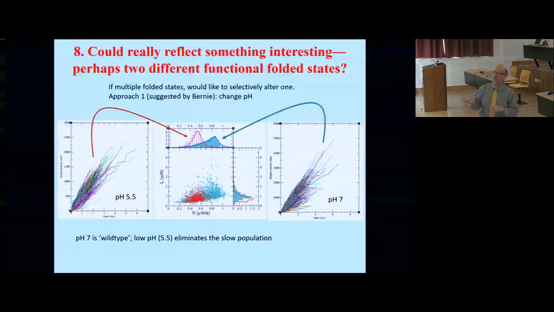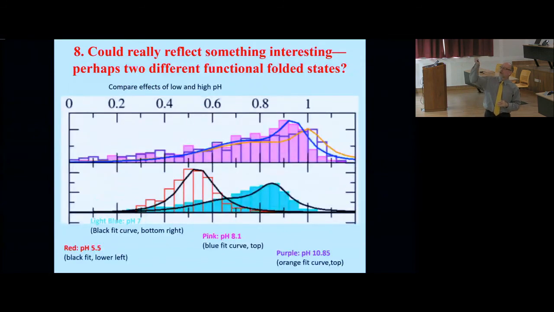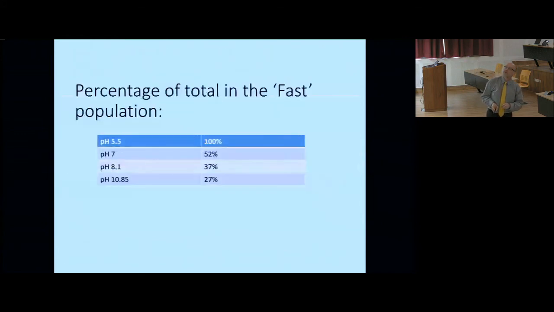So we can definitely change the percentage of slow versus fast guys. And if you go to higher pH, it's even more spread out. So you can quantify, basically roughly 100% of them are all the same Gaussian at 5.5. It's about 50-50 at pH of 7, and it changes.